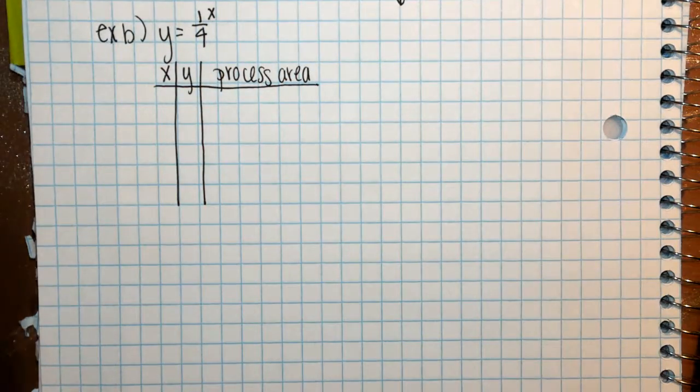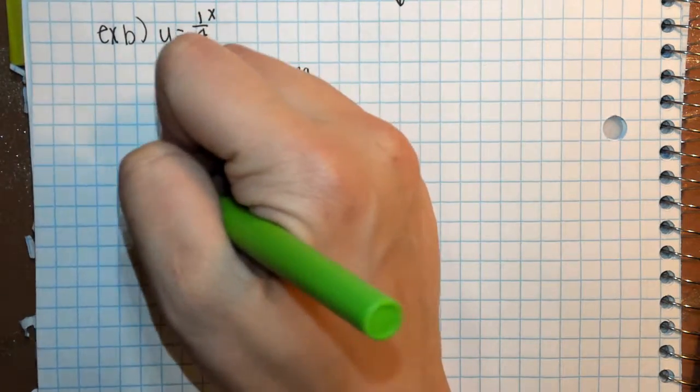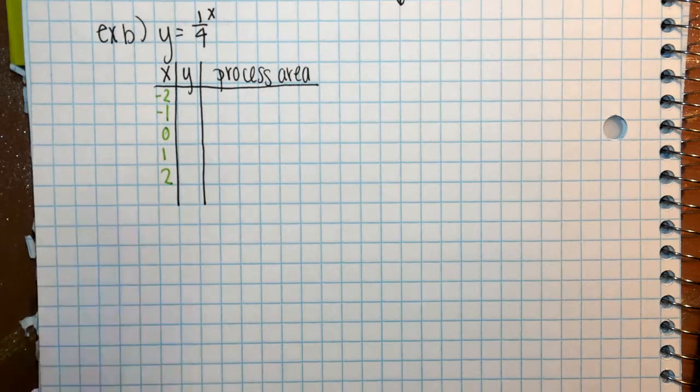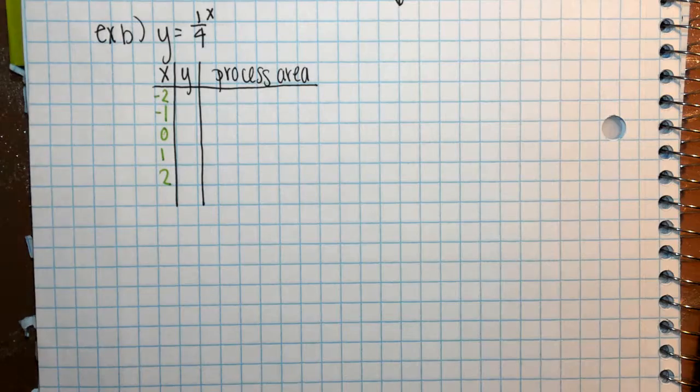And we're going to use those same x values: -2, -1, 0, 1, 2. And then we're going to plug it in just like we did on example A.